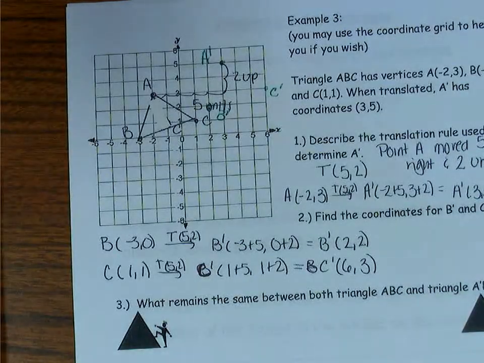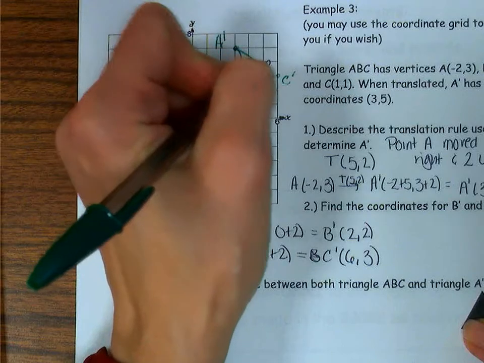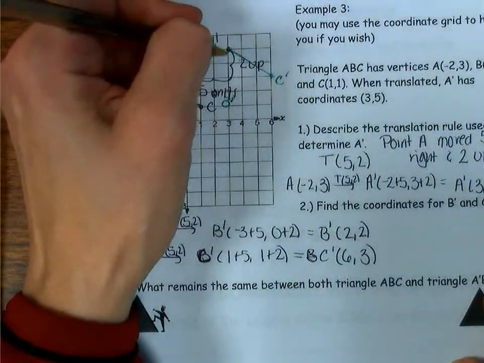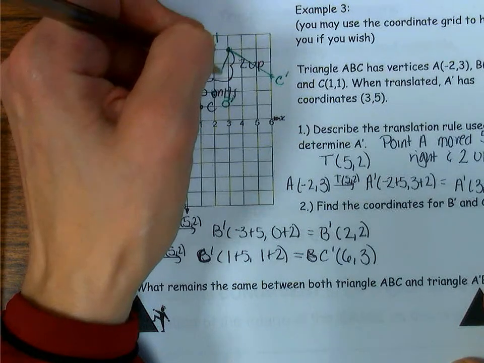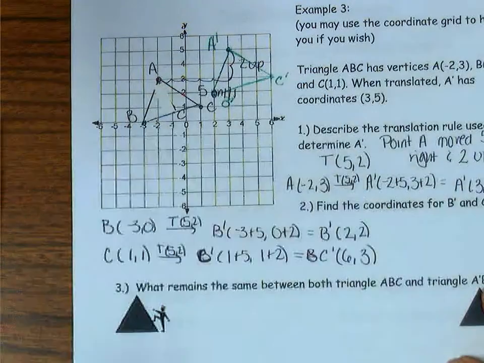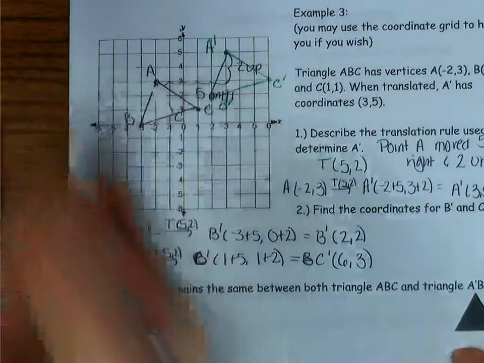I think I might have dropped my straight edge, but that's okay. We'll just sketch it in here. Not so bad for not having a ruler. Pretty good for not having a ruler. So that's what we have, and that's where we end up.